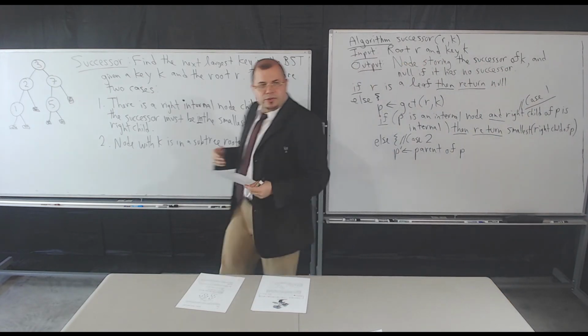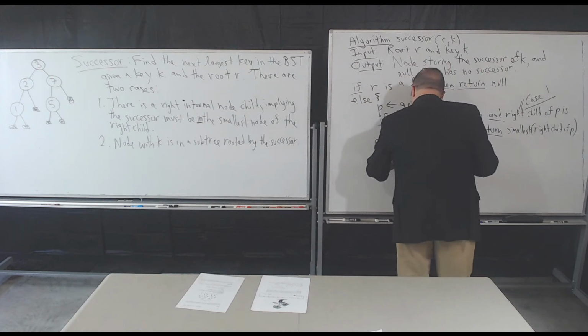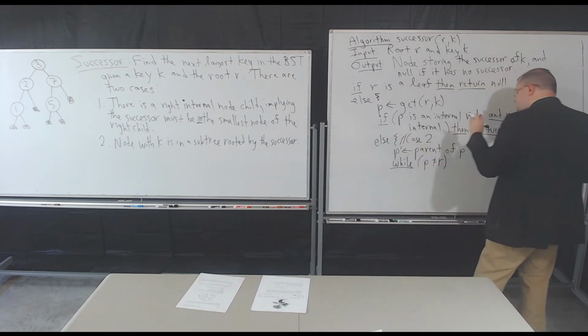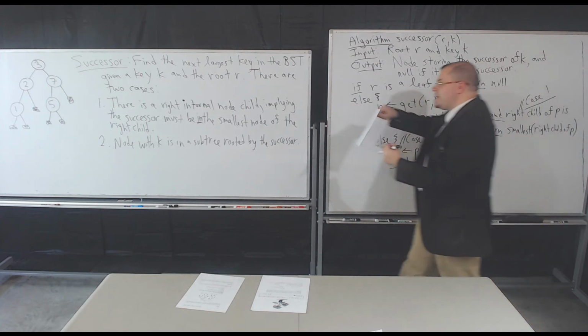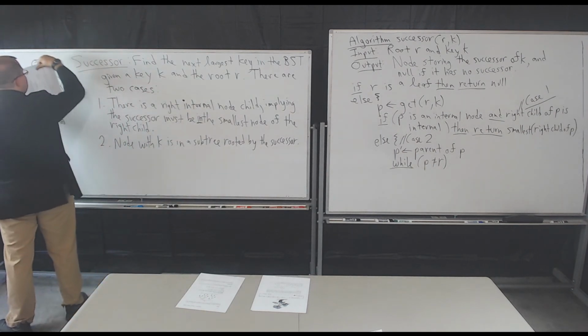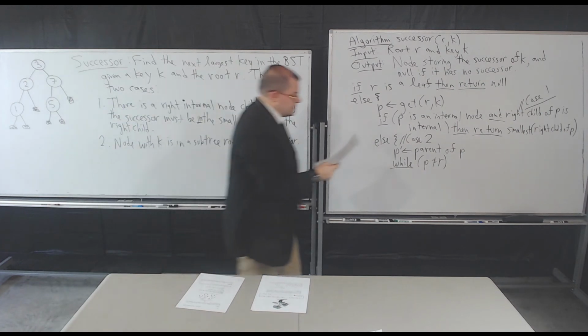So what I'm going to do is I'm just going to work my way up the tree. So while P is not equal to R, remember P is my current reference here. You can imagine me having P prime, where P prime is working its way up the tree, and I'm dragging P along with it.